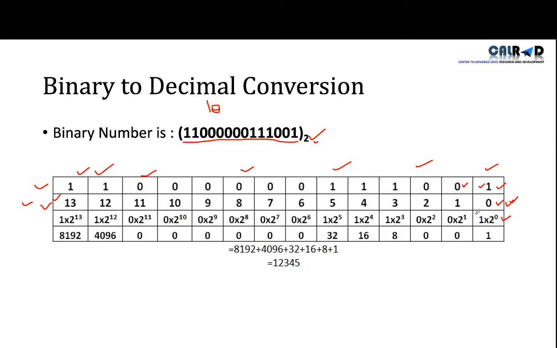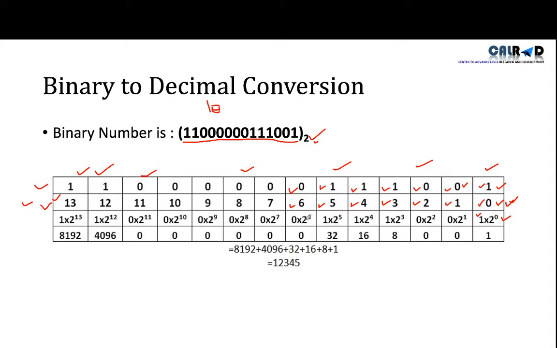The value here is 1, so 1 into 2 to the power of 0. 0 into 2 to the power of 1. 0 into 2 to the power of 2. 1 into 2 to the power of 3. 1 into 2 to the power of 4. 1 into 2 to the power of 5. 0 into 2 to the power of 6.